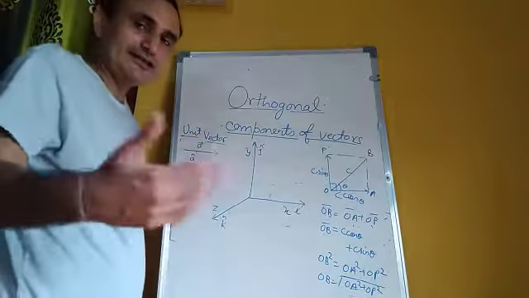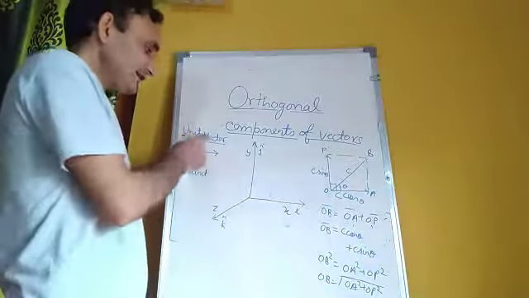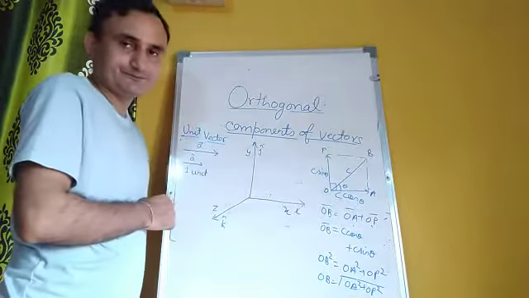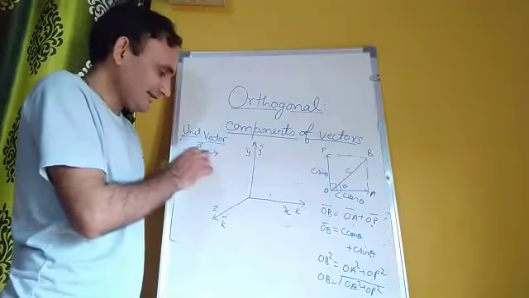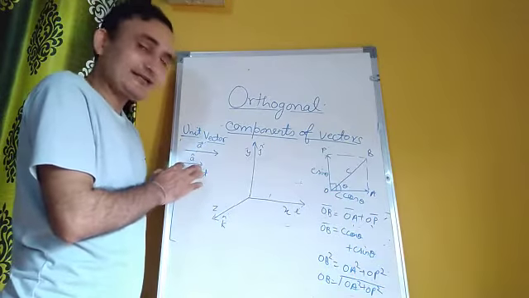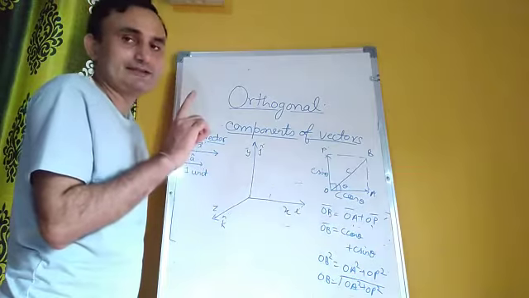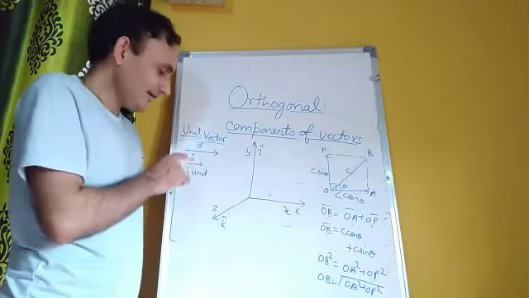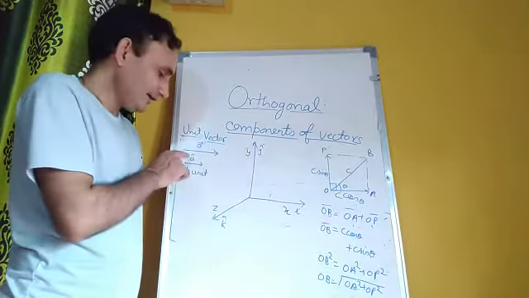So for that I am bringing you a new concept, that is the unit vector. Suppose this is a vector A. In the direction of that vector we take a vector which is of unit length. On top of it we do not put a vector sign, rather we put a cap, like this.